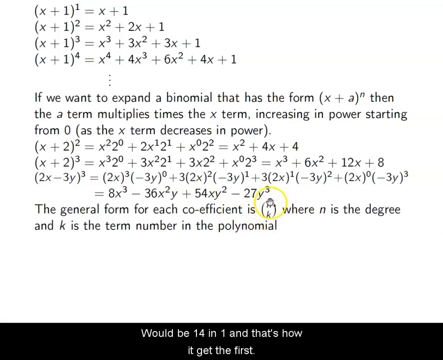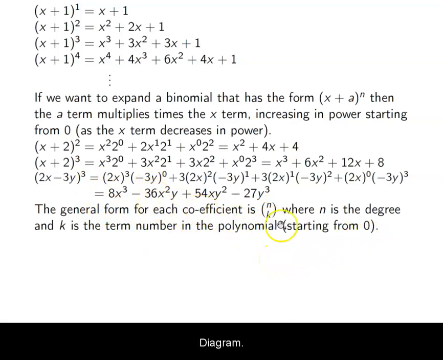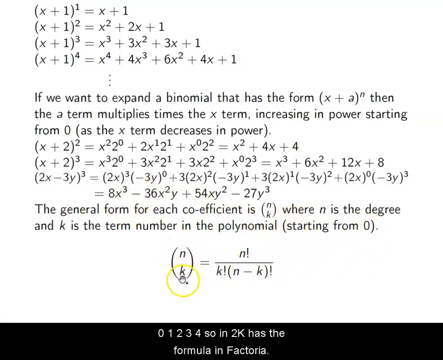So I'd use 4 and 1, and that's how I'd get the coefficient for the first term. 4 and 2 would give me the coefficient for the second, and so forth. Okay, starting from 0. So 0, 1, 2, 3, 4. So n choose k has the formula n factorial divided by k factorial times n minus k factorial.